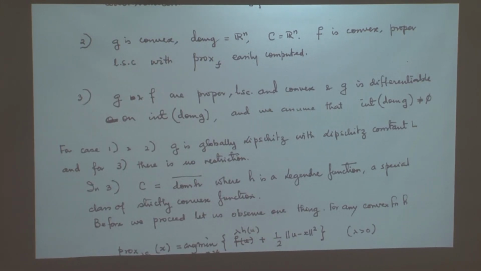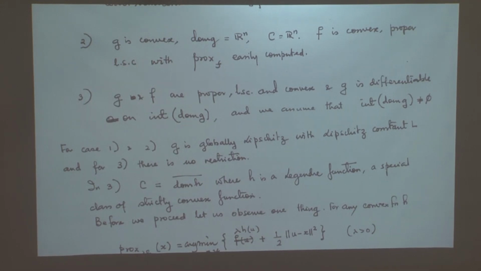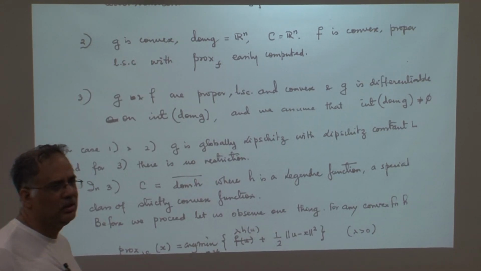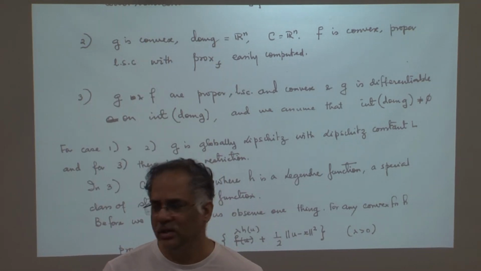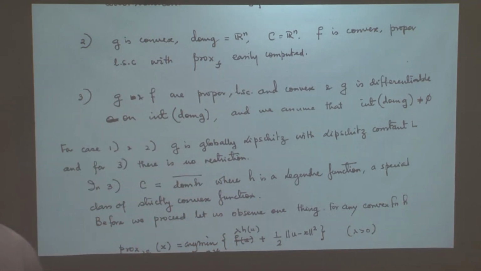The distance between the functional values at x and y is less than some constant times the distance between x and y. So there is a control. This is called the Lipschitzian property.